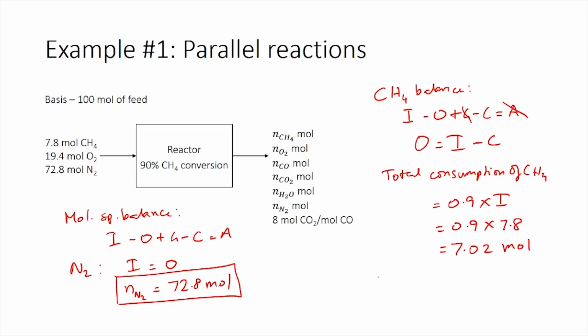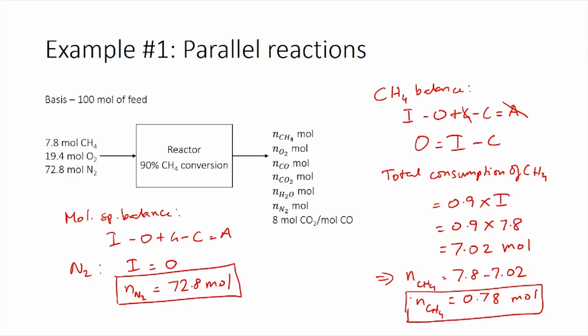Thereby we can calculate the output, which is N_CH4, as 7.8 minus 7.02, giving you 0.78 moles of methane leaving the system.